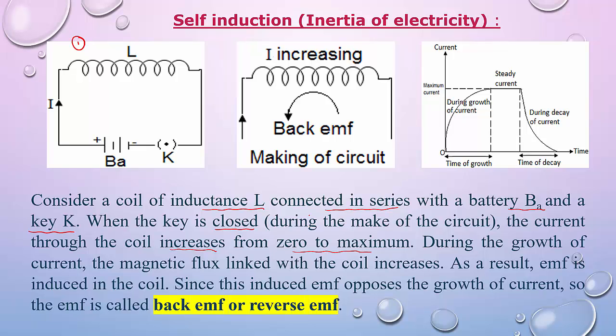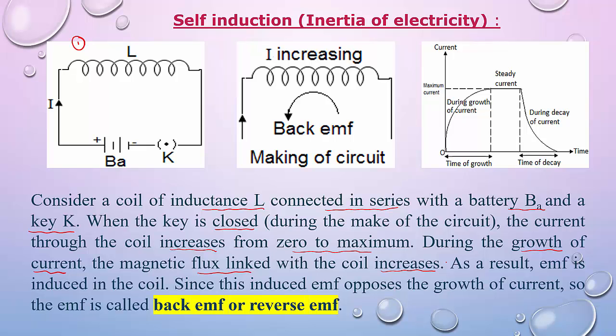So when the current is increasing, what changes occur that you have to remember? See here, during the increase in the current, or during the growth of the current, the magnetic flux linked with the coil also increases. When the battery is switched on, the plug key is closed, and current is increasing and moving through this helical coil.